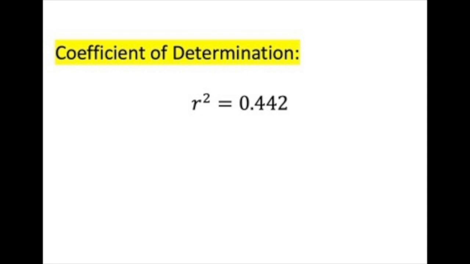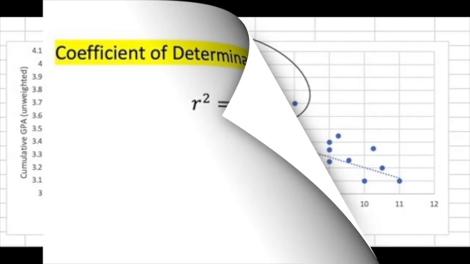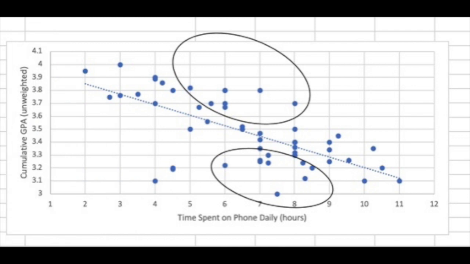So I think parents do have some type of evidence to show that maybe spending so much time on your phone will decrease your GPA. However, I believe that these outliers prove that every human is different, and human behavior is always going to be scattered around, and you can't really control what one person does.